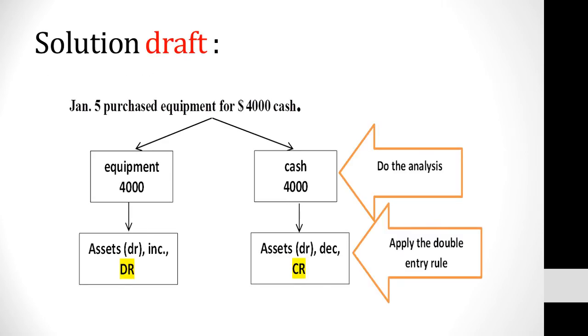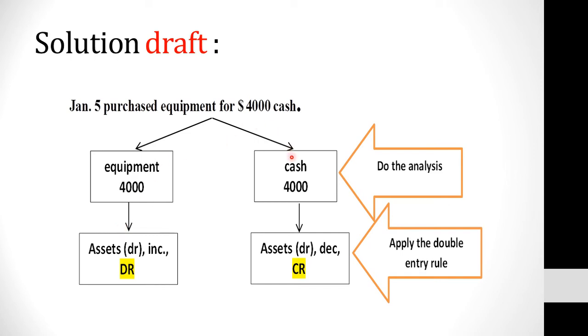How about January 5? We purchased equipment for 4,000 cash. The involved accounts here are equipment and cash. Equipment for 4,000 and cash for 4,000. This is the analysis. Step 2, which is debit and which is credit. Equipment is an asset. It is normally debit and it increased because you purchased equipment. You increased your equipment and you increased your assets. When a normally debit account increases, it stays debit.